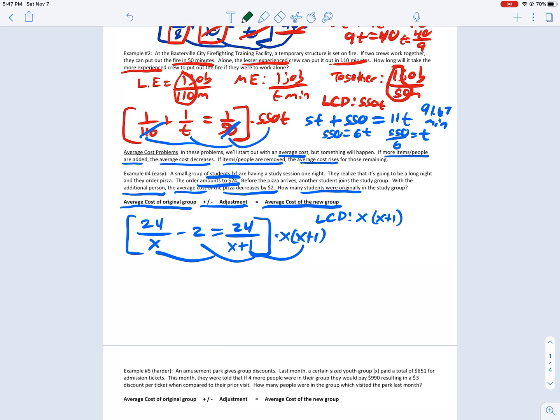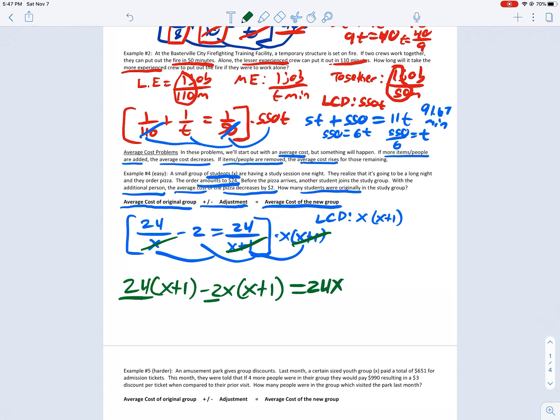So the first fraction, the x is going to reduce. So it's 24 times x plus 1. Second fraction, nothing reduces. So it's negative 2 times x times x plus 1. And in the third fraction, the x plus 1's reduce. So you get 24x.